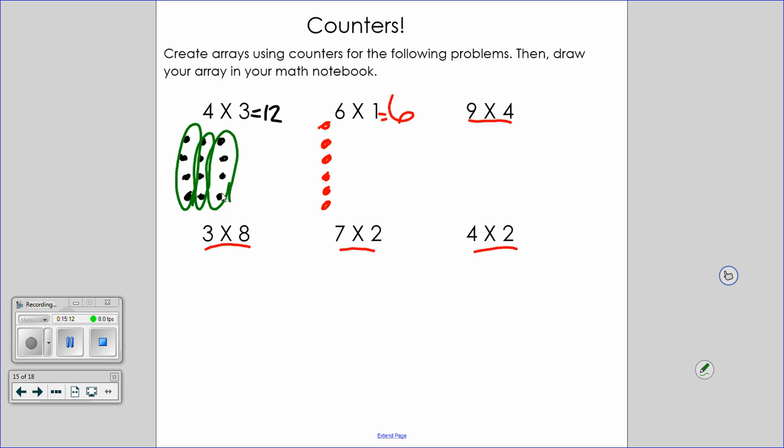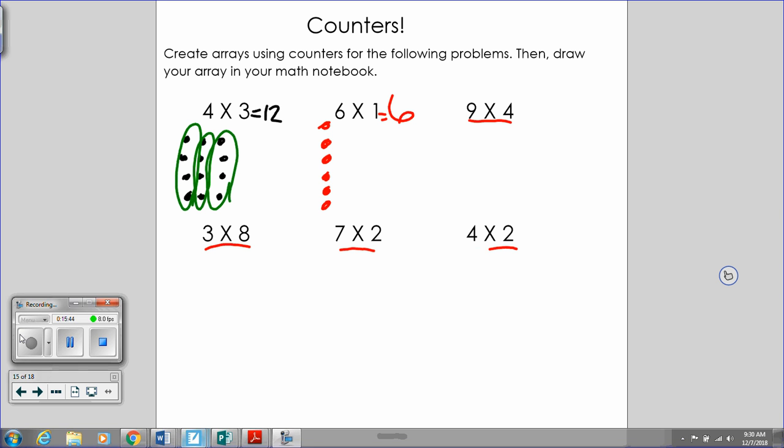They have equal groups. Does that make sense? Yeah. So when you're drawing your array, and you have one guy sticking out, that tells me, uh-oh, you didn't make an equal group. Do you see what I'm saying? Your array should look very rectangular or very square-like. It should not look like a flag. If yours starts to look like a flag, we've done something off. Does that make sense? Alright, keep going. You guys are doing a great job.